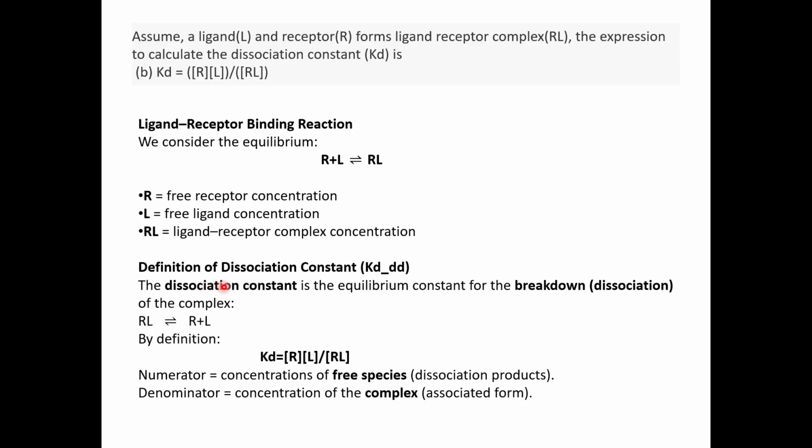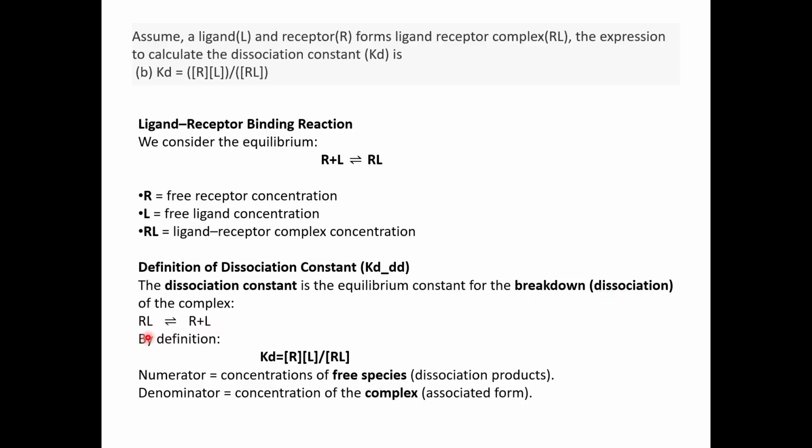Then the definition of dissociation constant is nothing but the equilibrium constant for the breakdown of your complex. So basically, it tells you how much affinity the specific ligand and the receptor have. So the dissociation constant is the equilibrium constant for the breakdown or the dissociation of a complex.